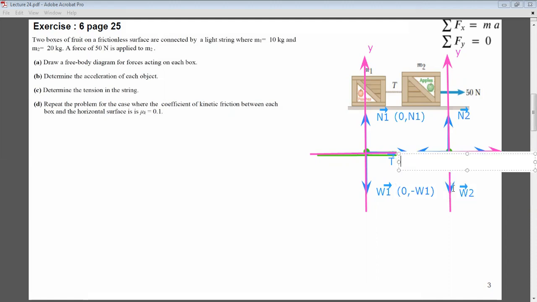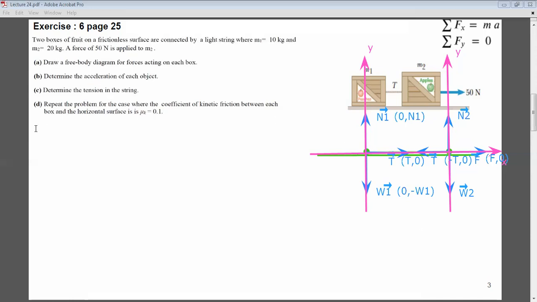Tension for this one is positive, it's in the positive direction. But for the second one, it's in the negative direction, minus T, 0. And then finally, this F is going with the positive x-axis, so it's also plus F. Okay, so now we finished.